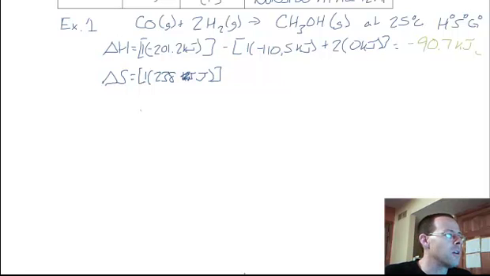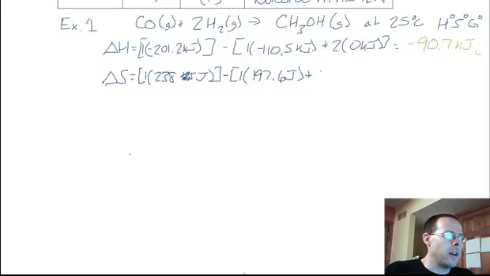Okay? So we have products, and then we are going to subtract out reactants from our products. In this case, carbon monoxide, we have one of them, and carbon monoxide's value is positive 197.6 joules per mole. All right?